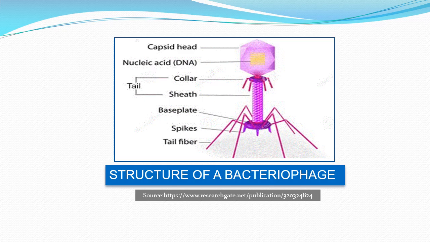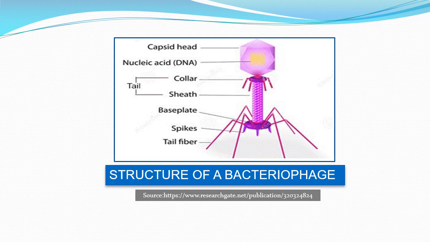The phages have specific hosts and they are of variable shapes, sizes, and structures. The most widely studied phages are T-even bacteriophages such as T2, T4, T6, etc., which infect the colon bacillus.